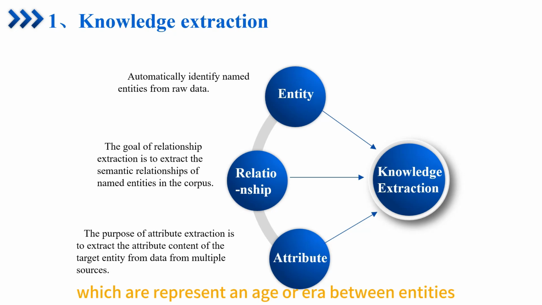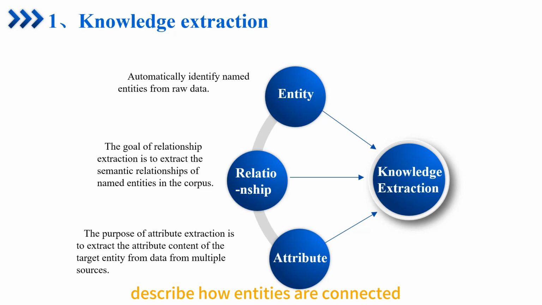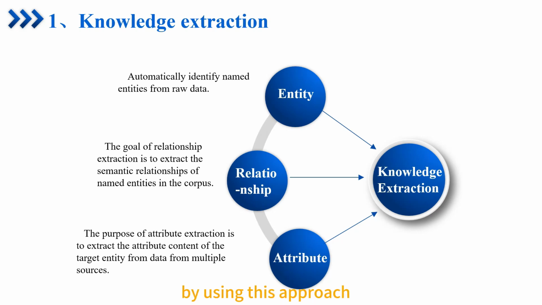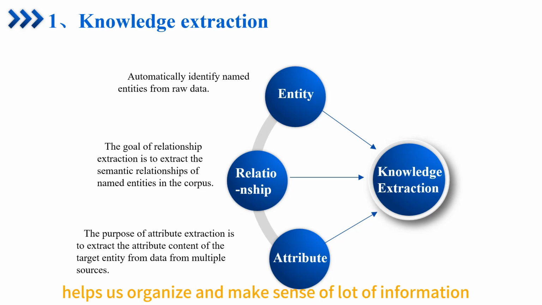Relationships, which are represented as edges or arrows between entities, describe how entities are connected or interact with each other. Attributes are properties of entities, like a person's name, gender, birth date, or occupation. By using this approach, large graphs help us organize and make sense of a lot of information and can even be useful for semantic search and reasoning.